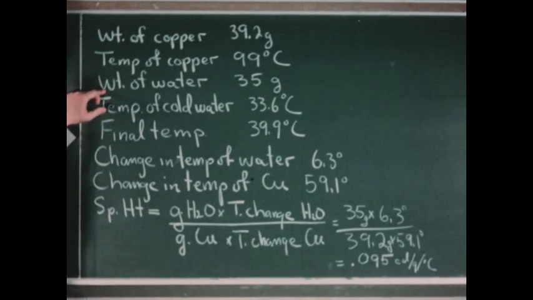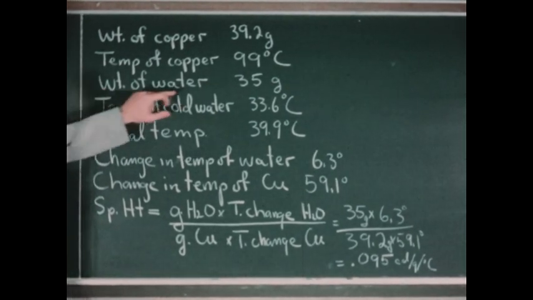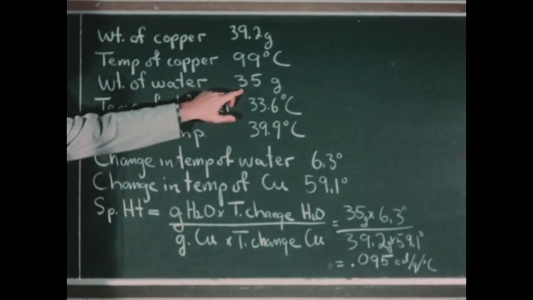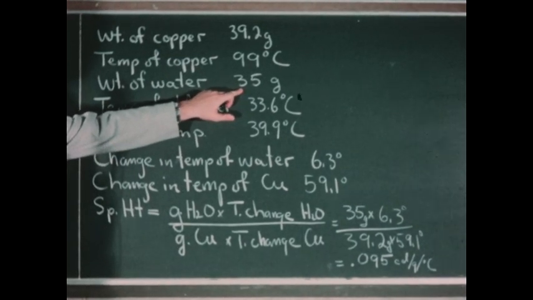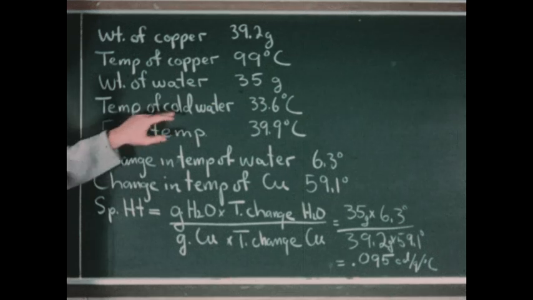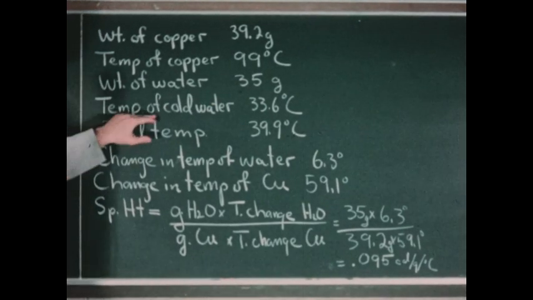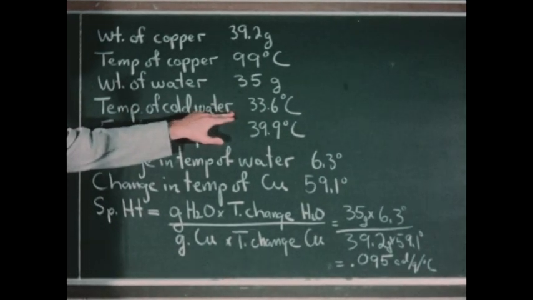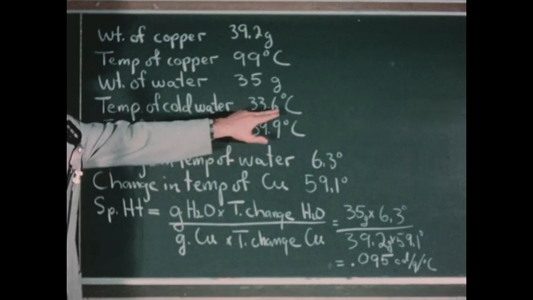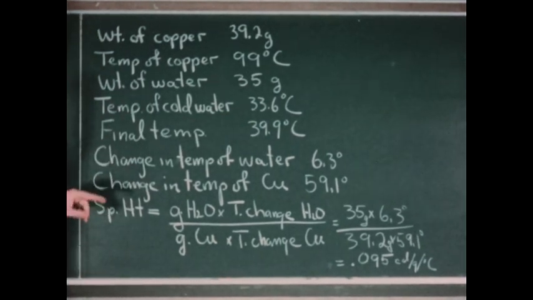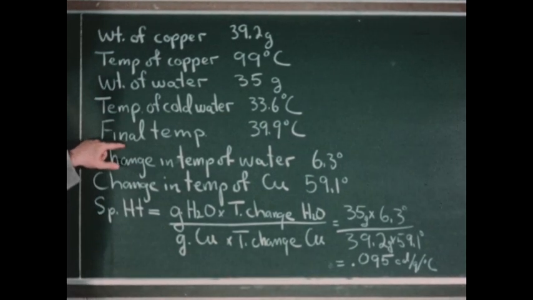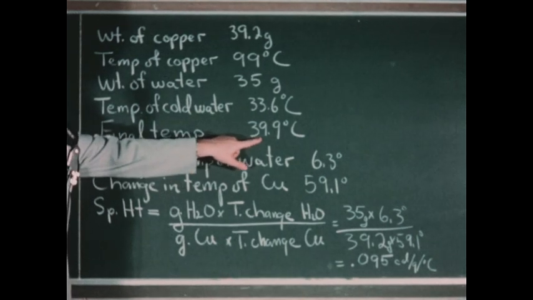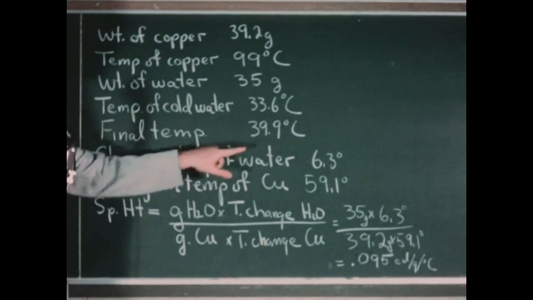We then placed this copper in a beaker containing 35 milliliters, which we will assume to be 35 grams of water. We can note the temperature of this water before we placed the copper in it was 33.6 degrees centigrade. Now the final temperature of both the copper and the water was 39.9 degrees centigrade.